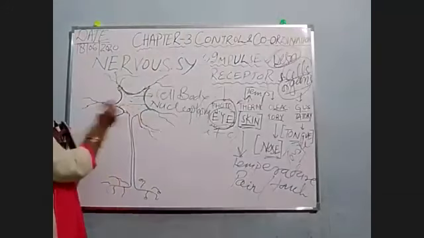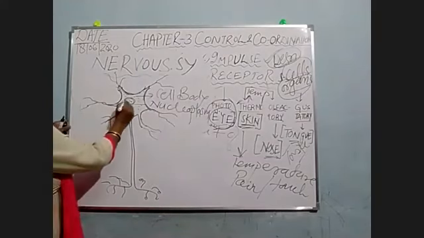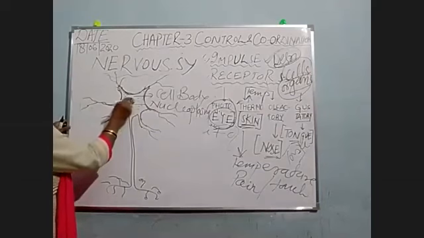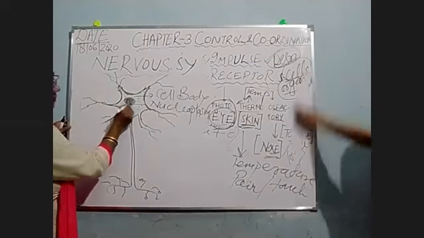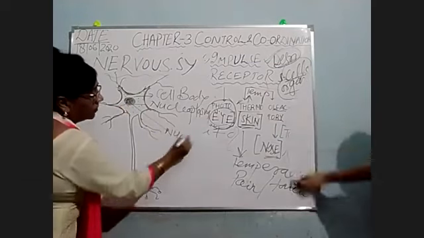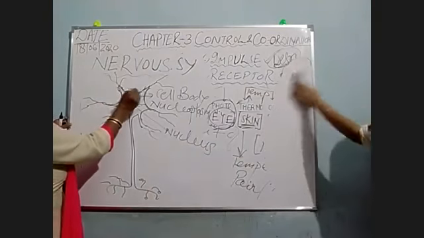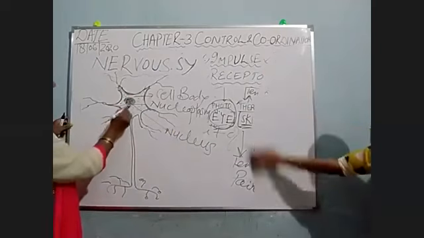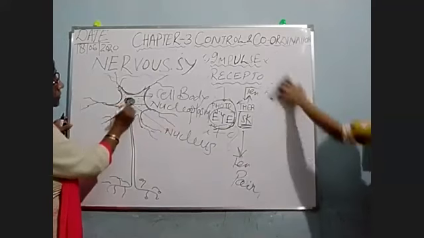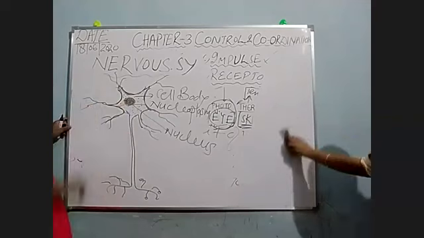In the center, it contains a circular structure known as the nucleus. As you know, the nucleus controls all the activities of the cell.